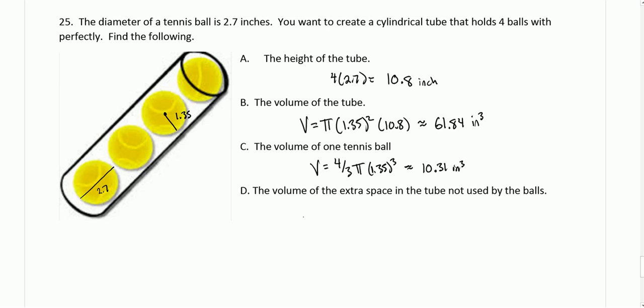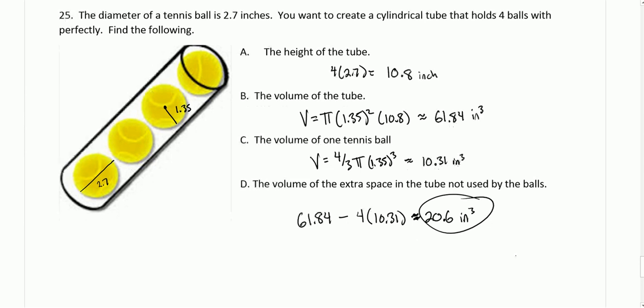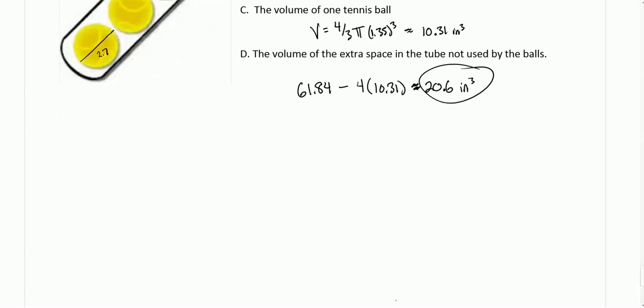So the volume of the tube is 61.84 minus the volume of 4 balls, so 4 times 10.31. This is approximation. That comes out to be 20.6 cubic inches. And that's the end of the review.